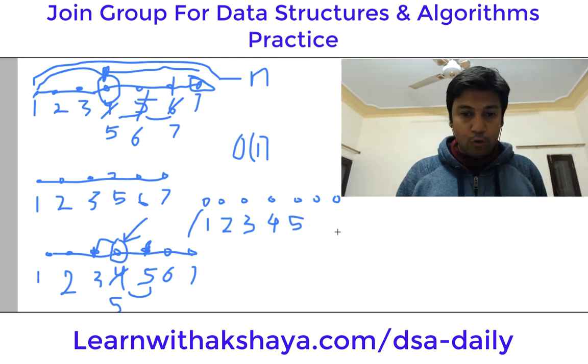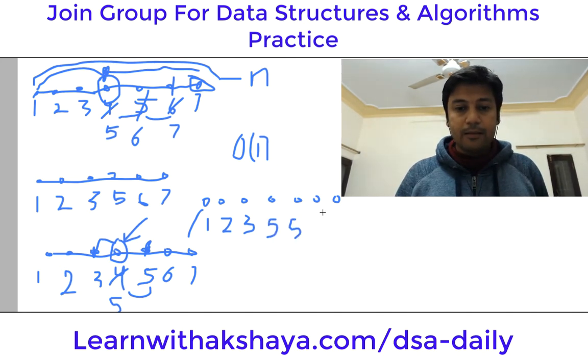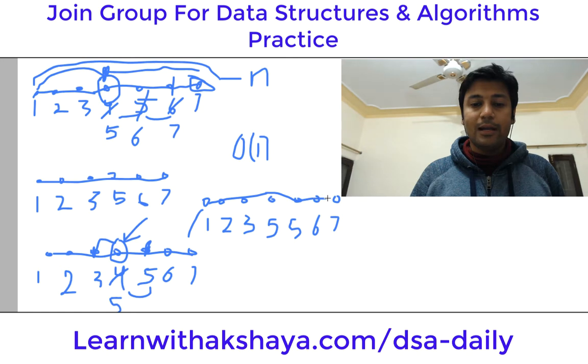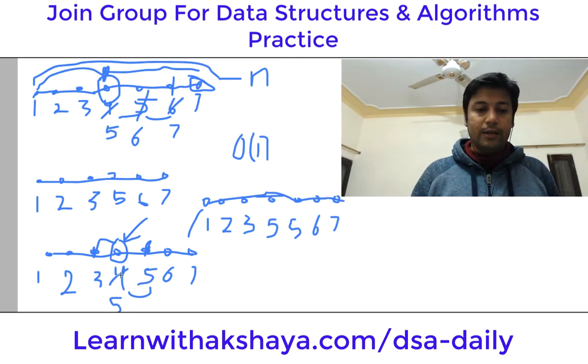Actually we had copied the value, right? So this is going to be 5, this is also going to be 5, this is going to be 6, and this is going to be 7, right? So this is how our linked list is going to look when we have copied this 5 over here, right?